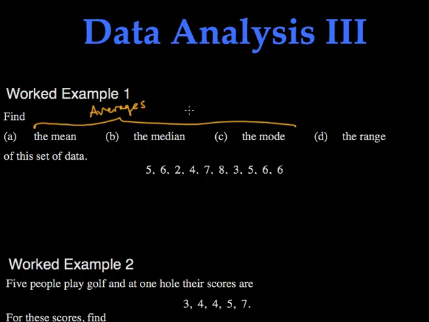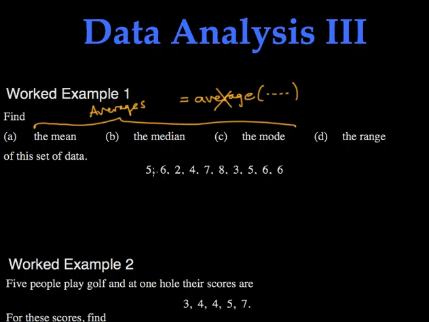Even in Excel, when you type the formula equals average and then write some numbers, it finds the mean, and it's quite misleading. So all of these three things are called averages, but they're not the average, so we've got to be careful about that. Anyway, let's try to find the mean of these numbers.